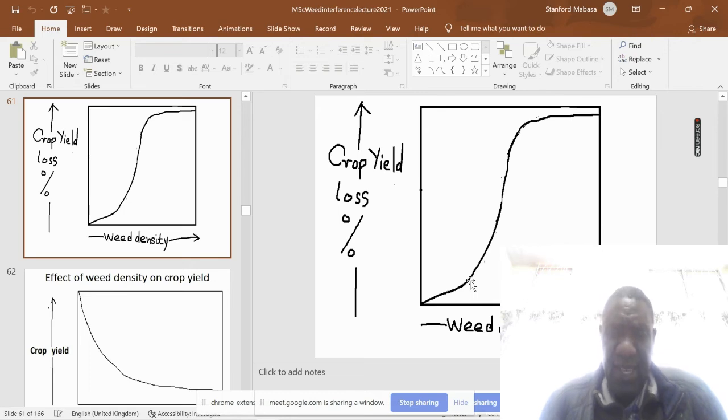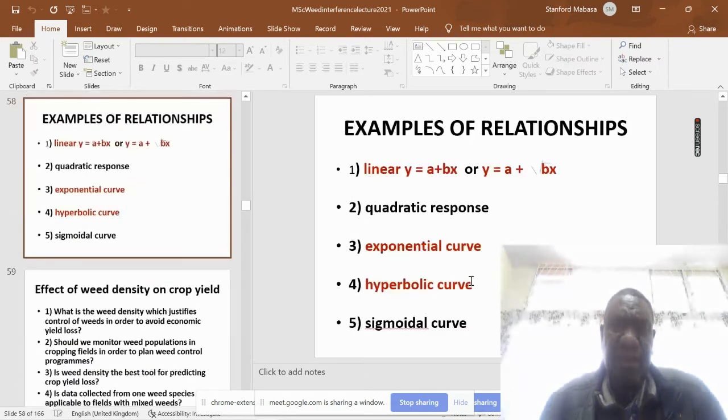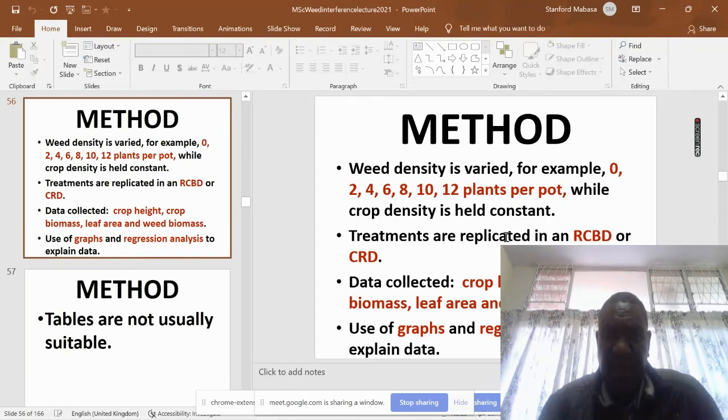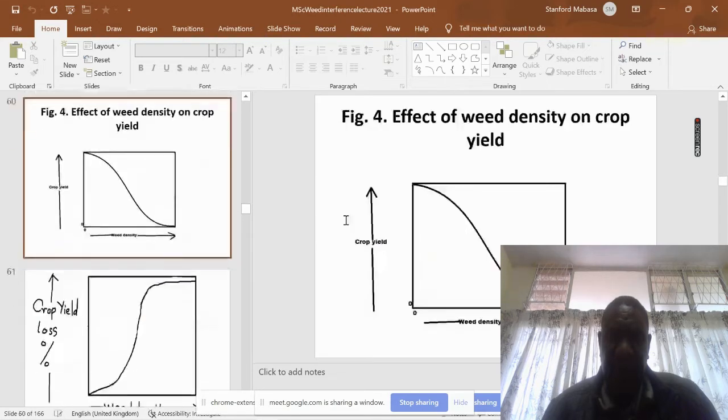So what you are saying is that you can use these treatments as the x-axis and plot them against crop biomass. And this is what you can get.